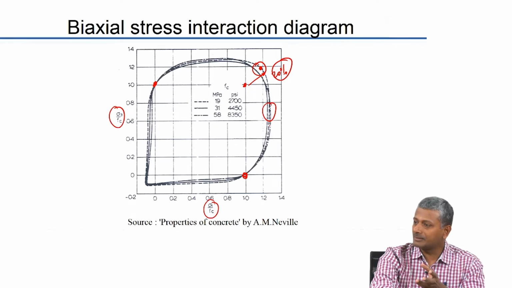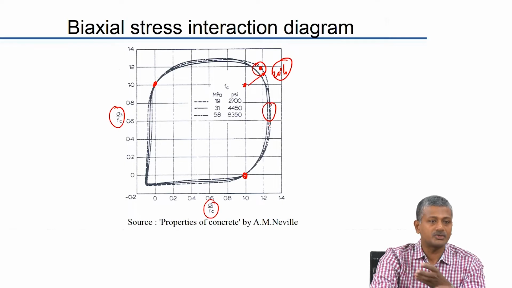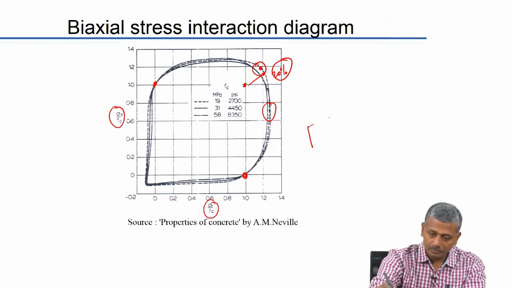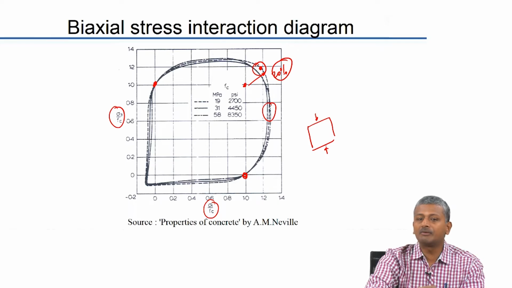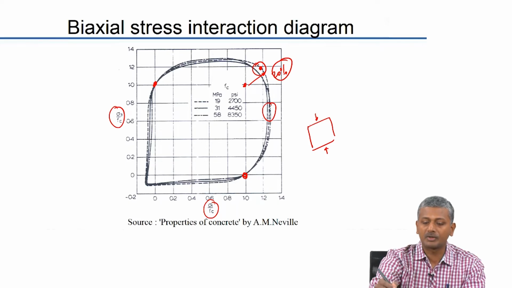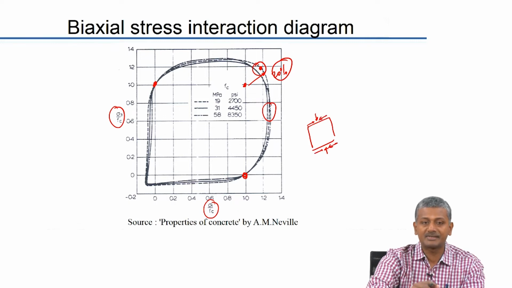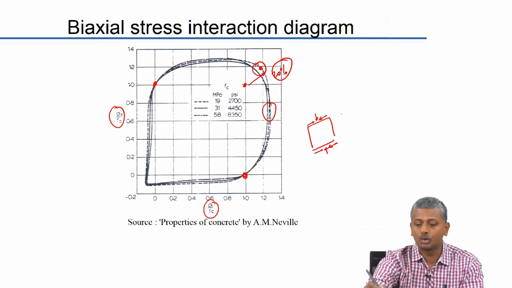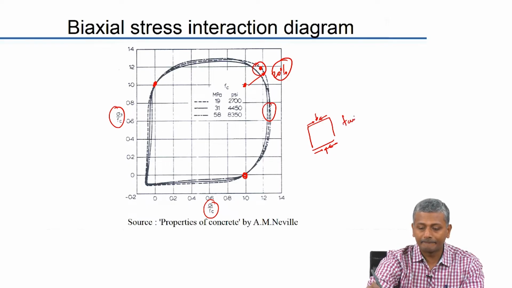Now, to some extent this is reflecting what you see in your cube. Even when you are loading it uniaxially, there is some level of biaxial stress brought in because of the restraint at the top. The platen restraint creates some biaxial compression, because of which the strength of the cube comes out to be 25% more than cylinder strength.